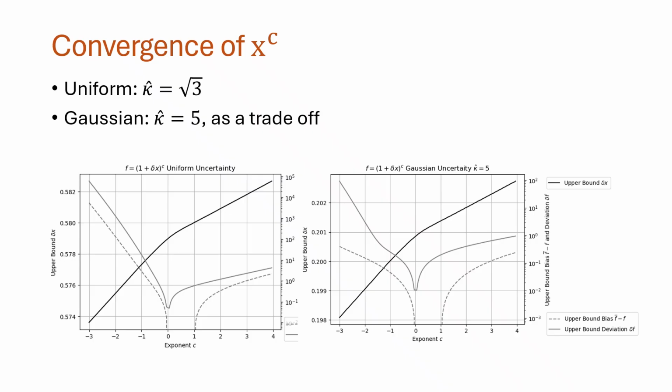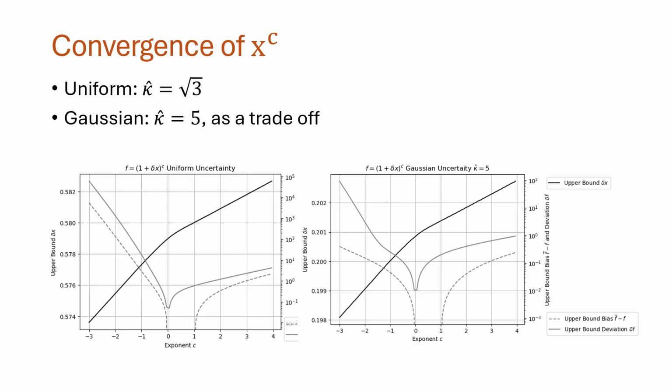Second, it's a trade-off. We know that the convergence is equal to 1 over kappa, right? And so we want to have a larger alpha, so the bound momentum is closer to the real momentum.